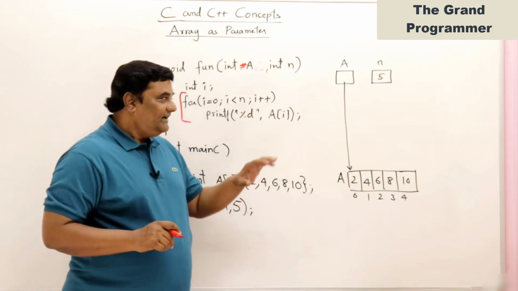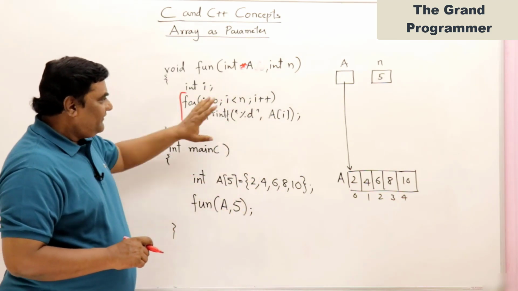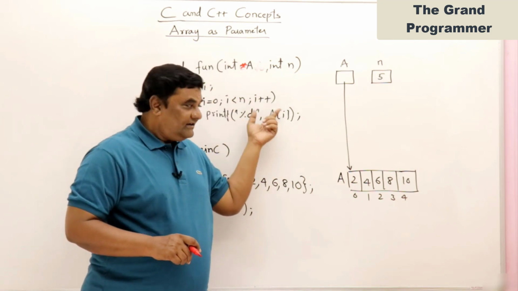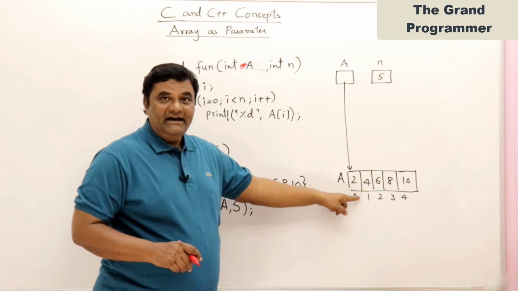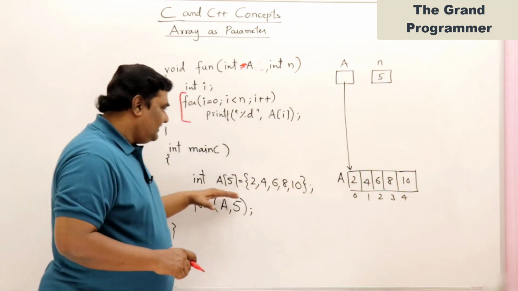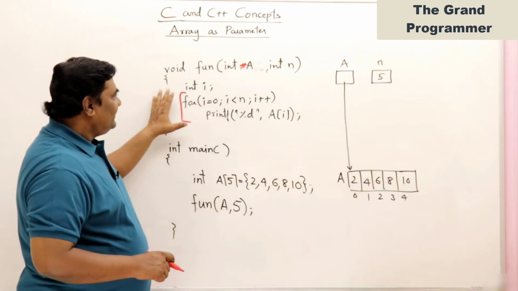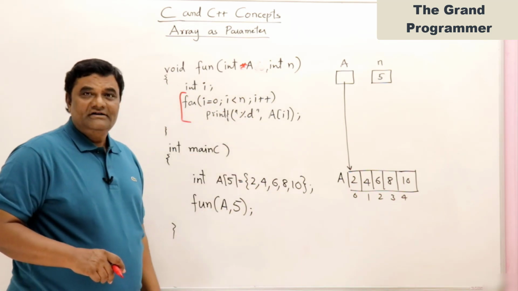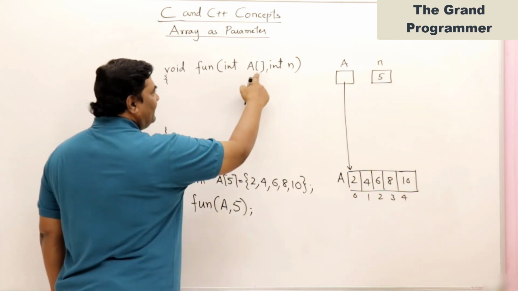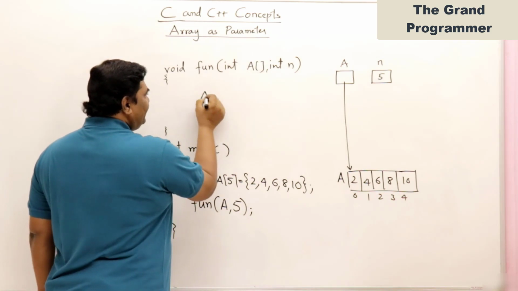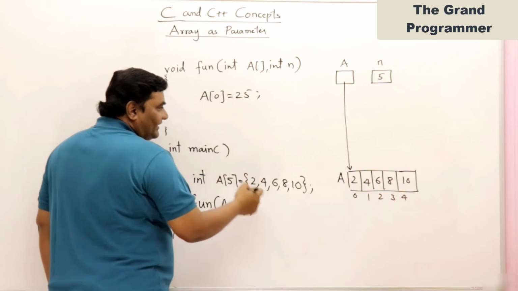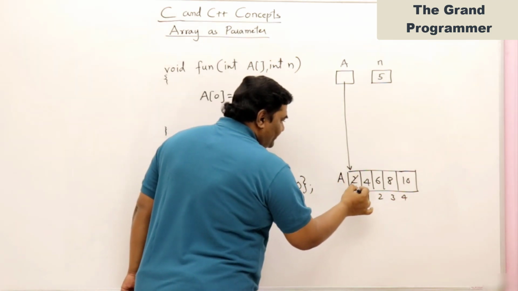Now one more thing. Inside this function, if I want, I can make changes to the array, and it will make changes to the actual parameter, that is the array of the main function. I'll remove this and show you how changes will reflect in this array. Here, if I say A of 0 assign 25, then at this place it will be changed to 25.